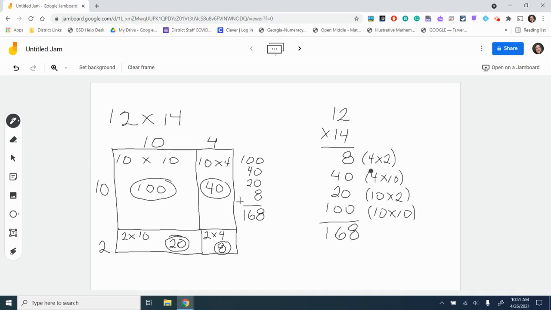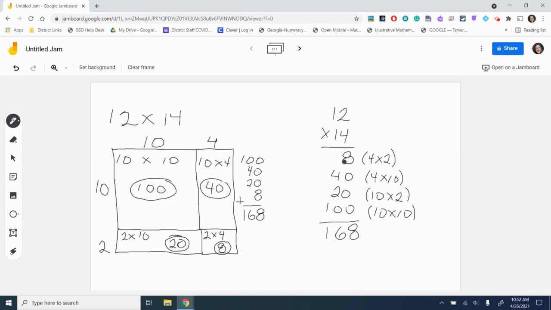Now what I'd like for us to do is to look at how we can make connections between these two strategies. We have a lot of students potentially using the area model strategy, and a lot of students potentially using the partial product strategy. It's a little bit more efficient, may take a little bit less time for some students. Let's see if we can find some of this work here also appearing in the area model.